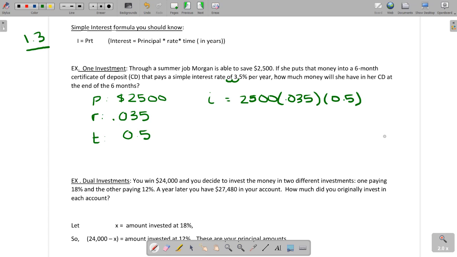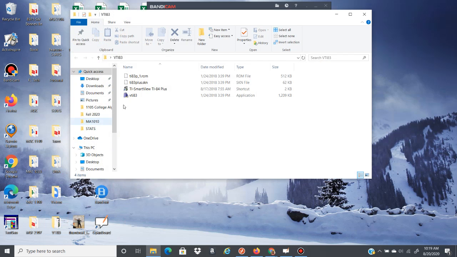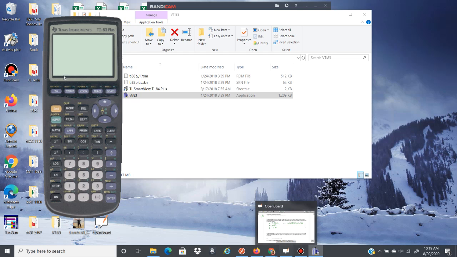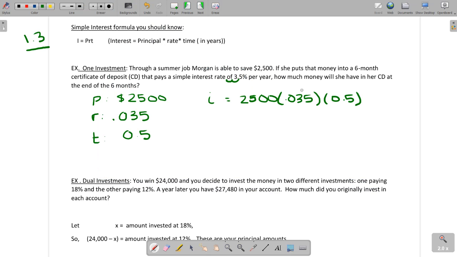Okay, so let's grab a calculator. I want to see if this works with a calculator. There it is. All right, so on our calculator, we're going to go 2,500 times 0.035 times 0.5. That's going to give us $43.75.